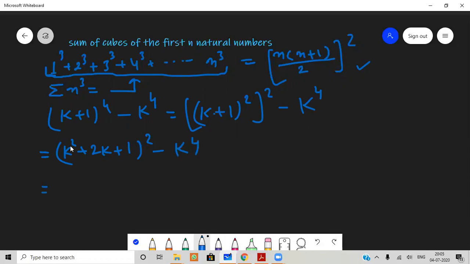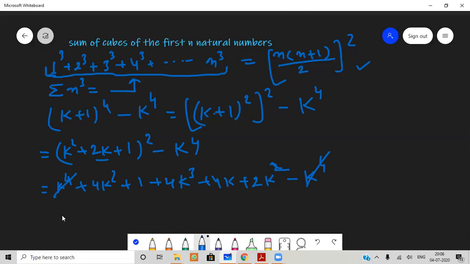We will apply the formula (a plus b plus c) whole squared, which comes out to be a squared plus b squared plus c squared plus 2ab, so this will become 4k cubed, plus 2bc, that is 4k, plus 2ca, that is 2k squared. The k to the power 4 and k to the power 4 cancel.